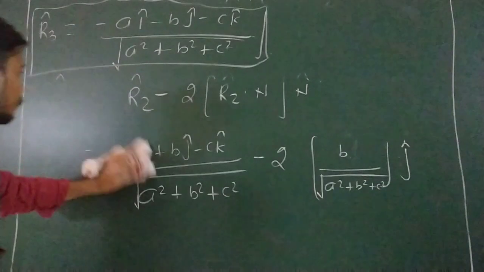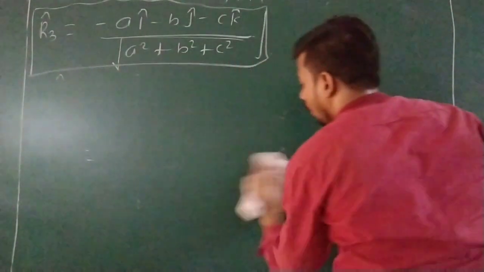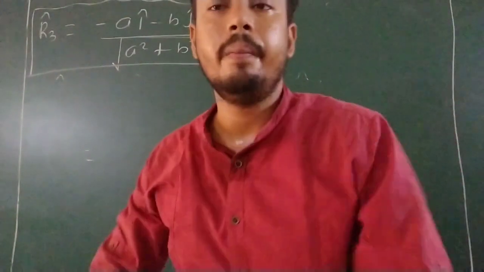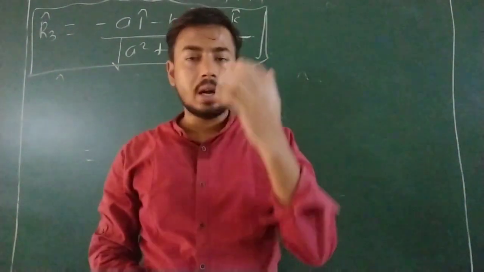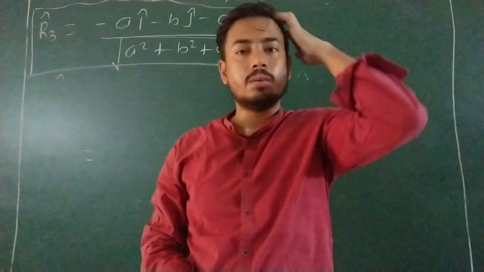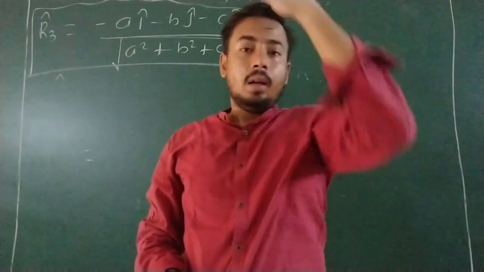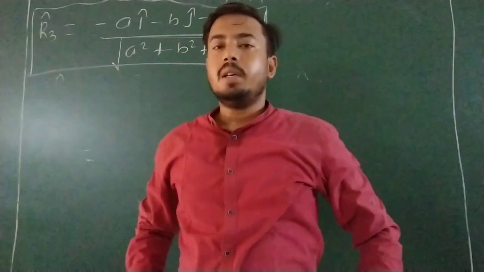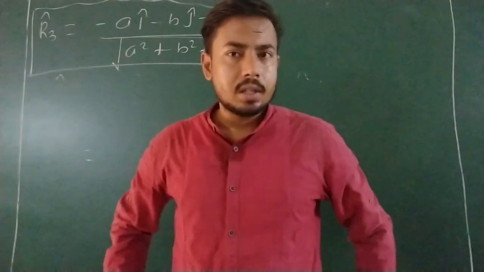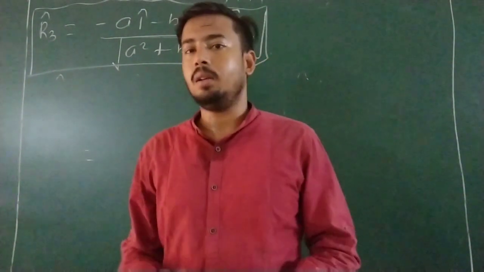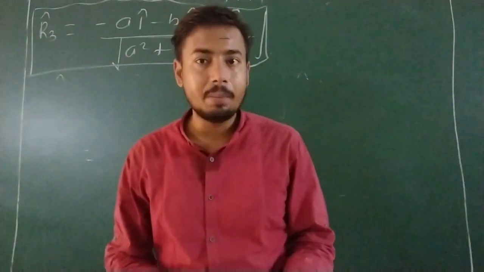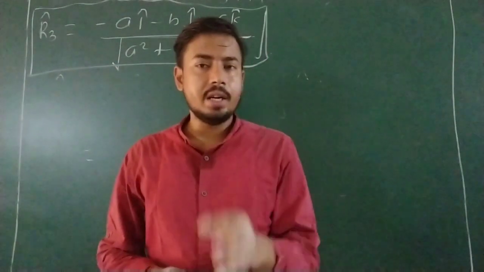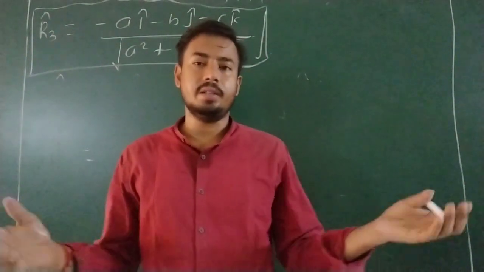So after all this analysis, we have learned how we can find the reflected ray in terms of vectors, given the incident ray in terms of vectors. Sometimes they will ask the incident angle or reflected angle. In that case, they will give you the incident ray and reflected ray and ask you to find it.